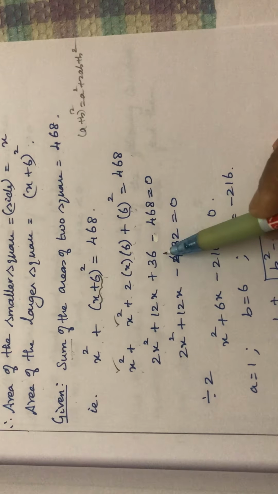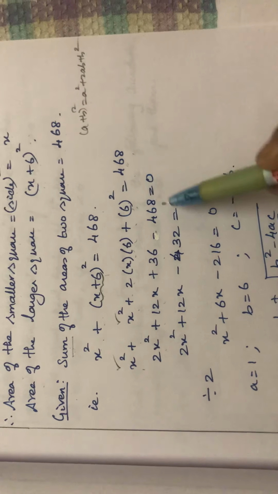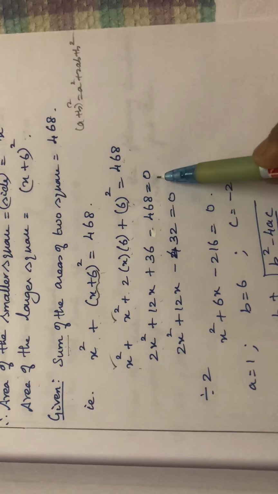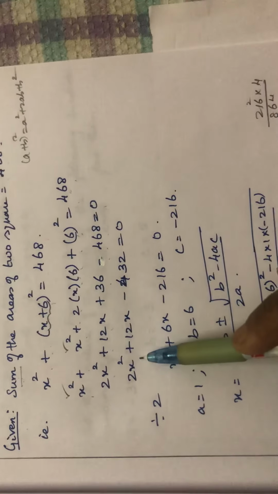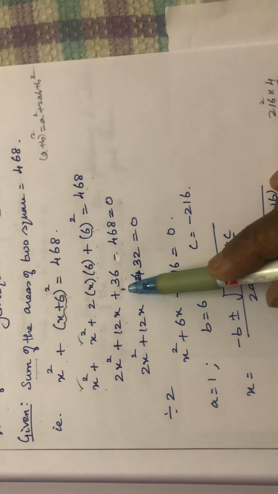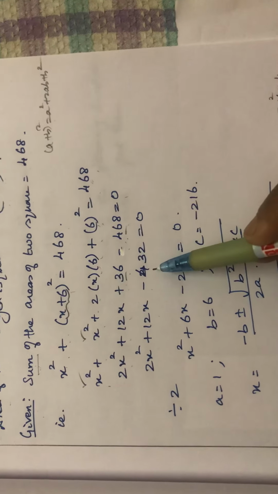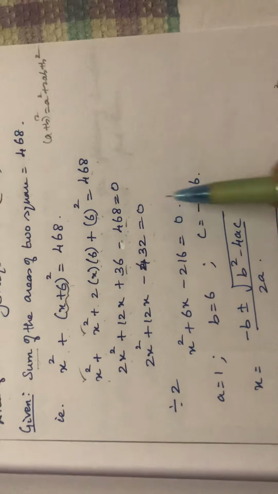Here 6 square is nothing but 36. I am bringing this 468 to this side. So I will get minus 468 equal to 0. 2x square plus 12x plus 36 minus 468. When I am simplifying these two, I will get minus 432 equal to 0.